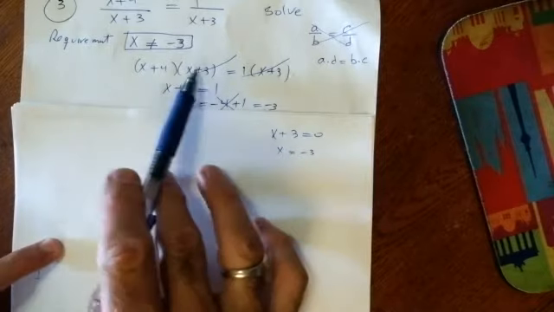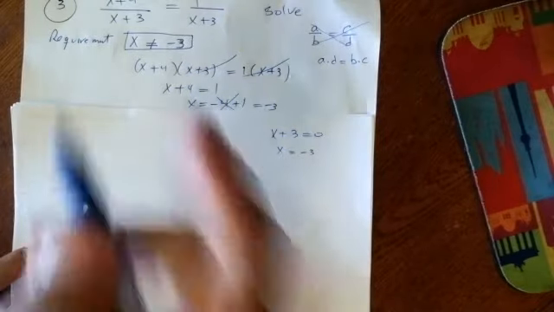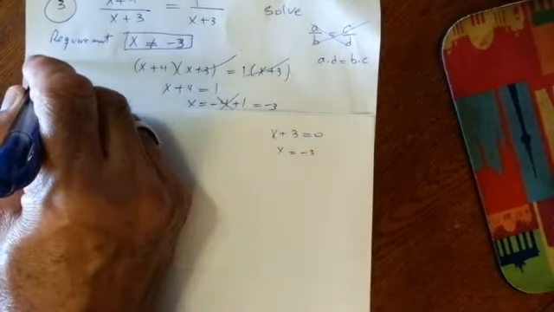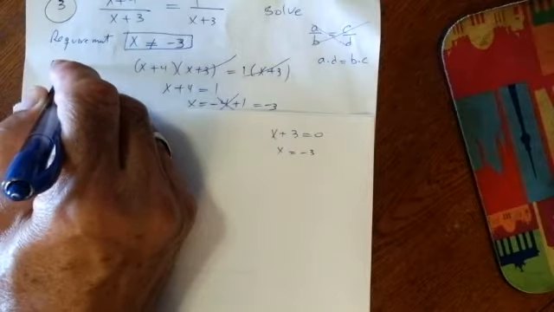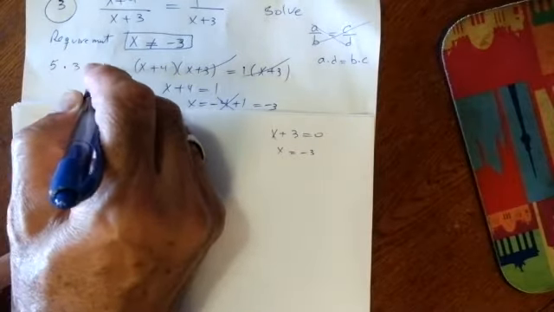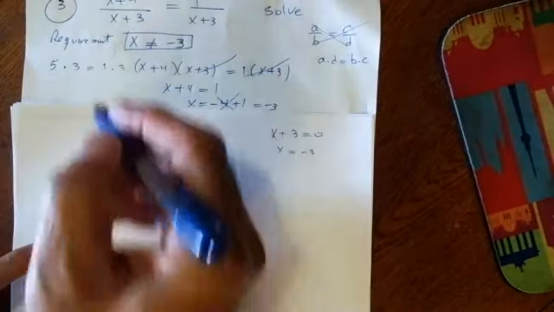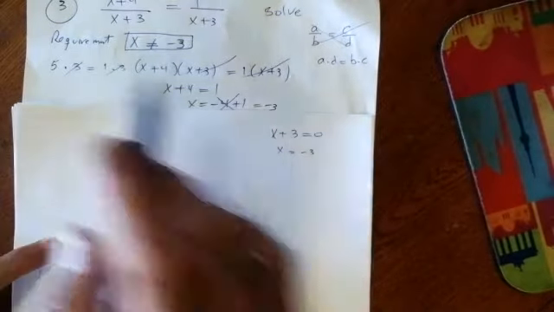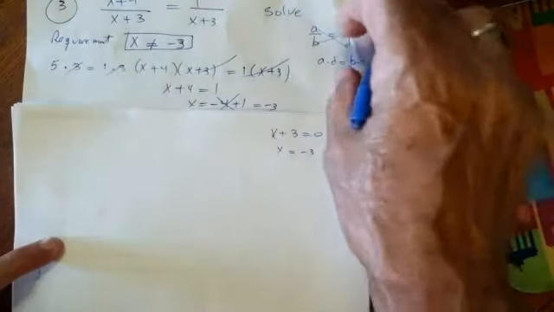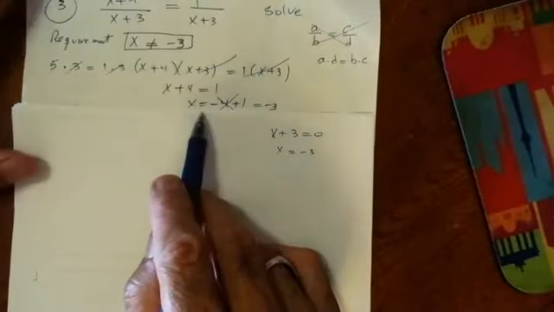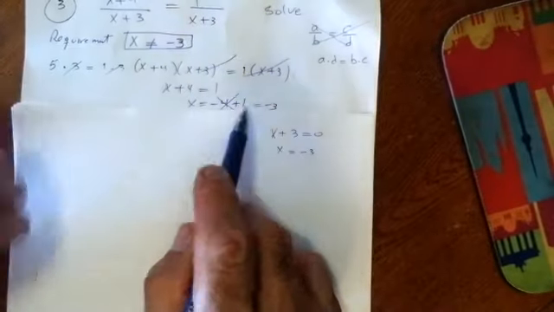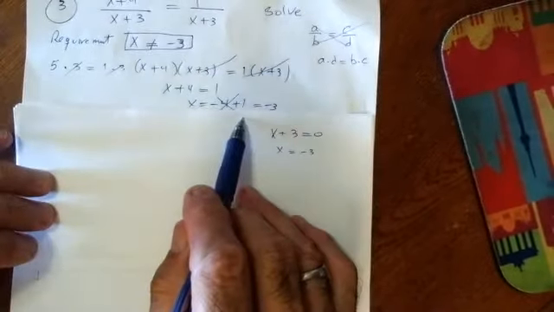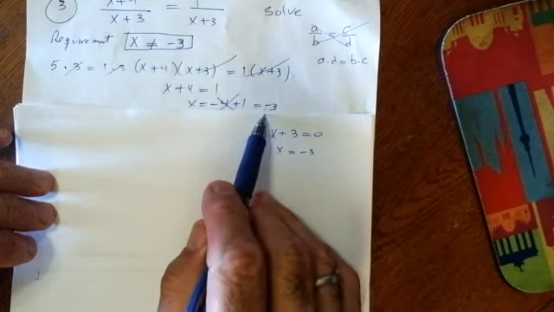The reason I cancel this is, look, let's say you have 5 times 3, and then you have 1 times 3. Look at this, 3 and 3 cancel, right? Because this is 15 and this is 3. Same thing here. So then x is what? When I solve the equation, x happened to be negative 3. Although my solution is correct, I'm not allowed to have that answer.